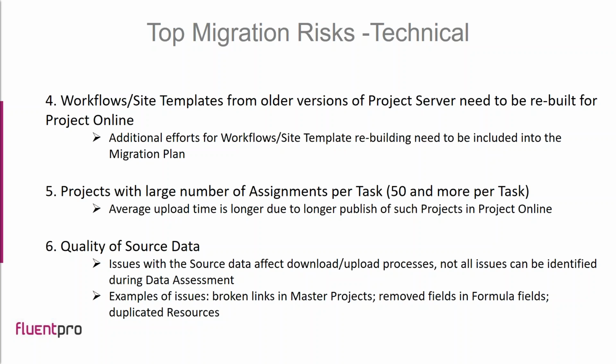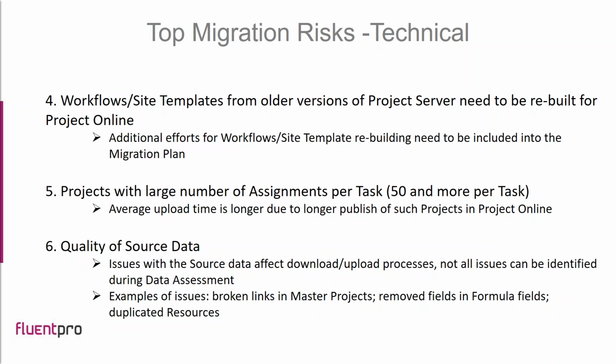Quality of source data also matters for the migration, because even if you do the data assessment before starting the migration, not all issues can be identified. Some of them can only be caught when you start downloading the data or uploading it to the target PWA. If there are any issues with the source data, this certainly affects the migration, because these issues need to be addressed, and sometimes remigrating broken items needs to be done after fixing them in the source system.